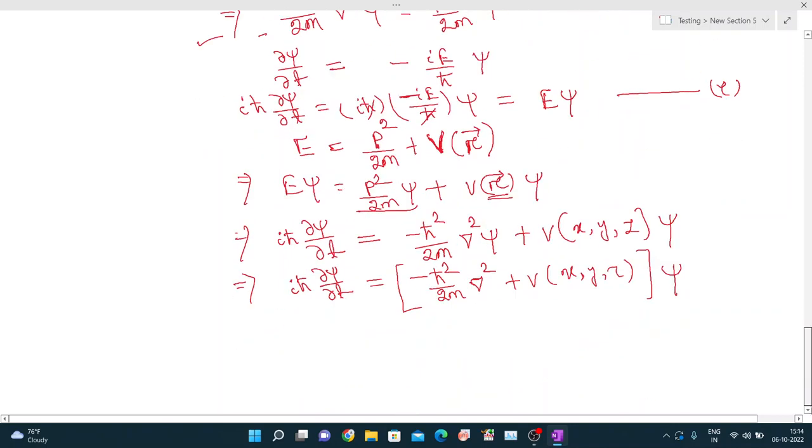Okay, so this is the time dependent Schrodinger equation for 3 dimension.